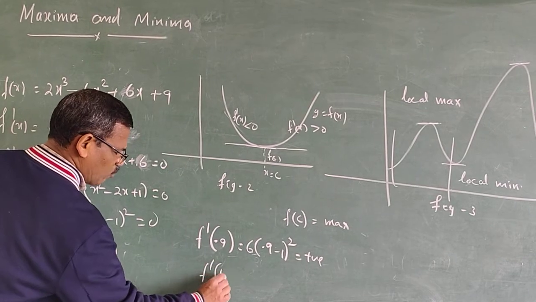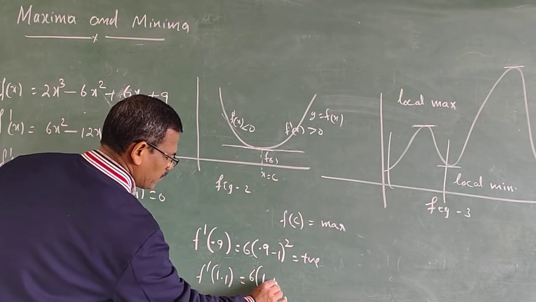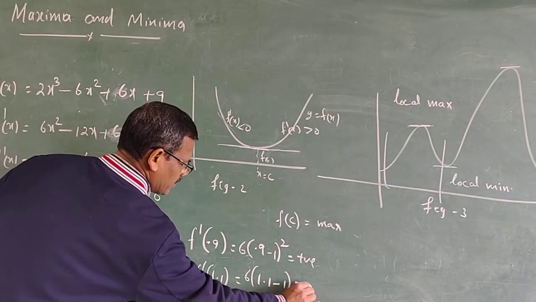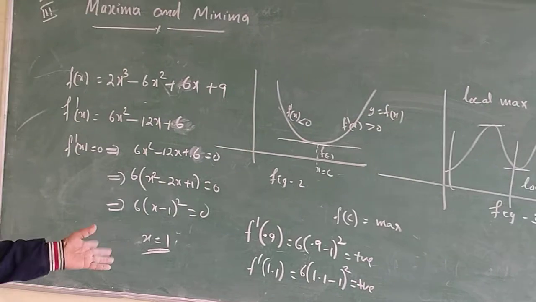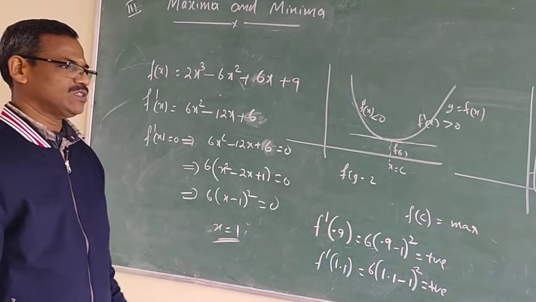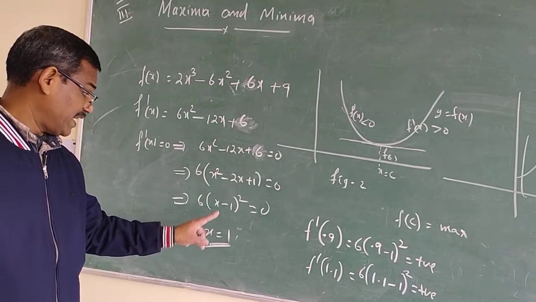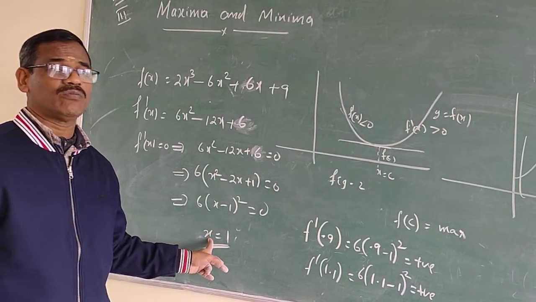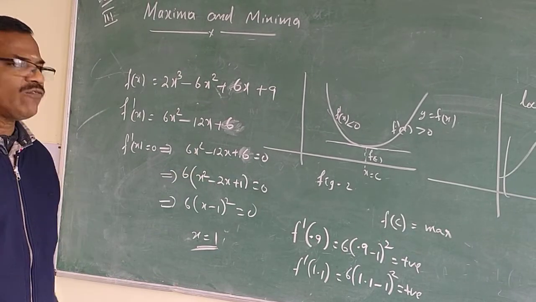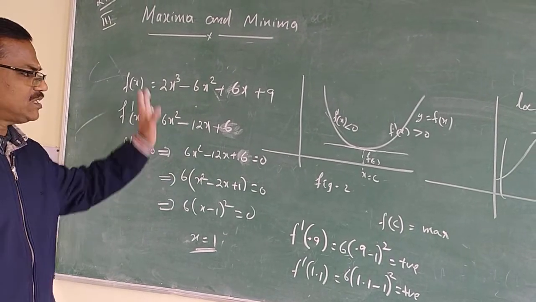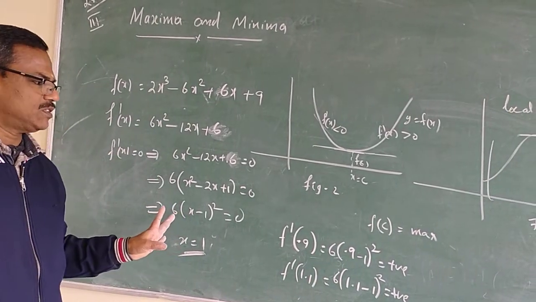And f dash of 1.1, 6 into 1.1 minus 1 whole squared, is also positive. So the left side is positive, the right side is also positive. That means the sign remains the same. So we can call it neither a maxima nor a minima. We should call this point a point of inflection. So this is the way we can find the maxima, minima or points of inflection. Okay, thank you.